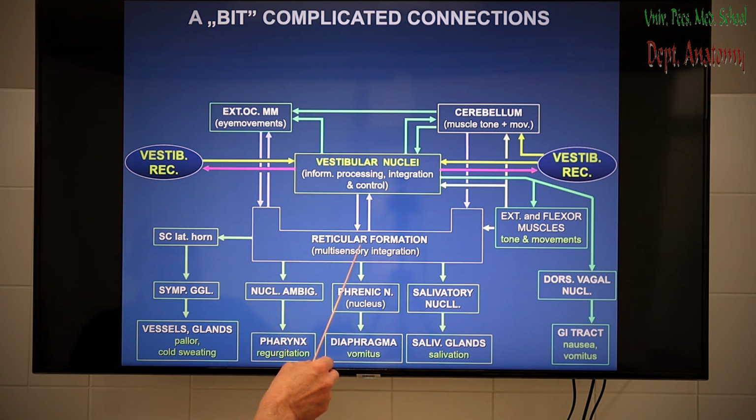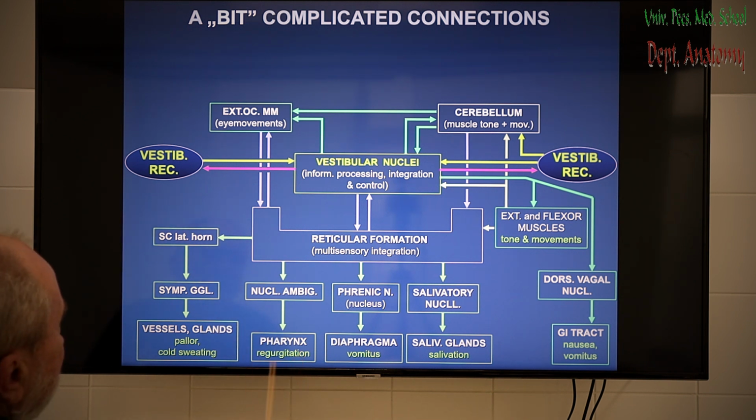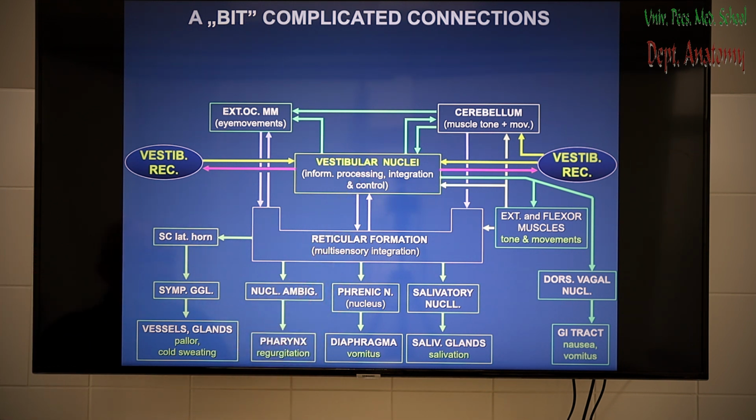Another connection the reticular formation has is with the nucleus ambiguus, fibers from where innervate the pharynx, and this is responsible for regurgitation when everything comes up in the GI tract, regurgitation evoked by vestibular stimulus.